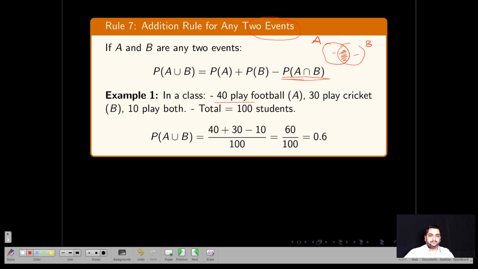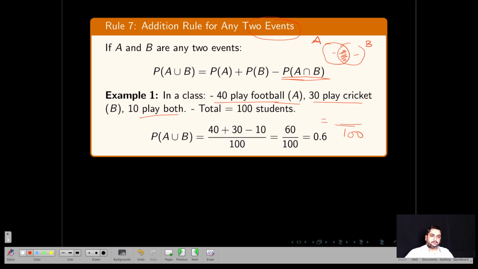So let us take an example. In a class of 100 students, 40 play football, 30 play cricket and 10 play both. So the denominator in probability is always 100.